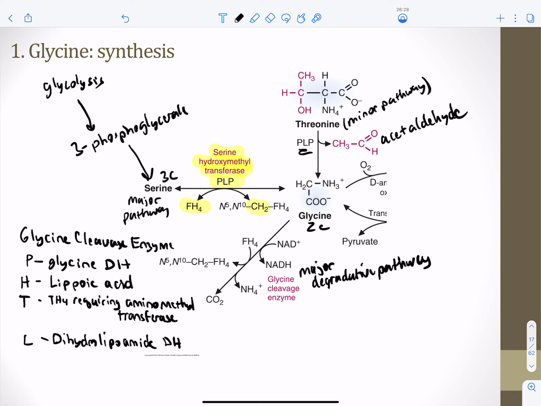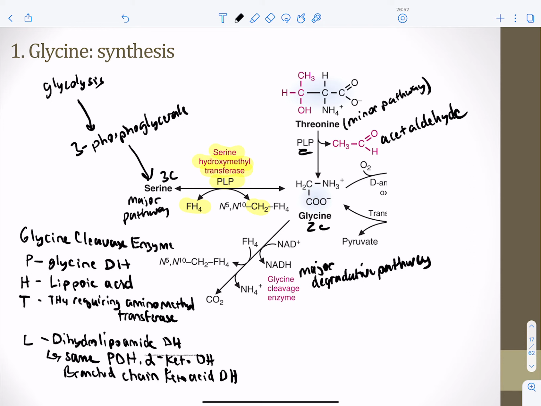Now, this L subunit is the same one that's in your pyruvate dehydrogenase, your alpha-ketoglutarate dehydrogenase, and your branched-chain keto acid dehydrogenase.